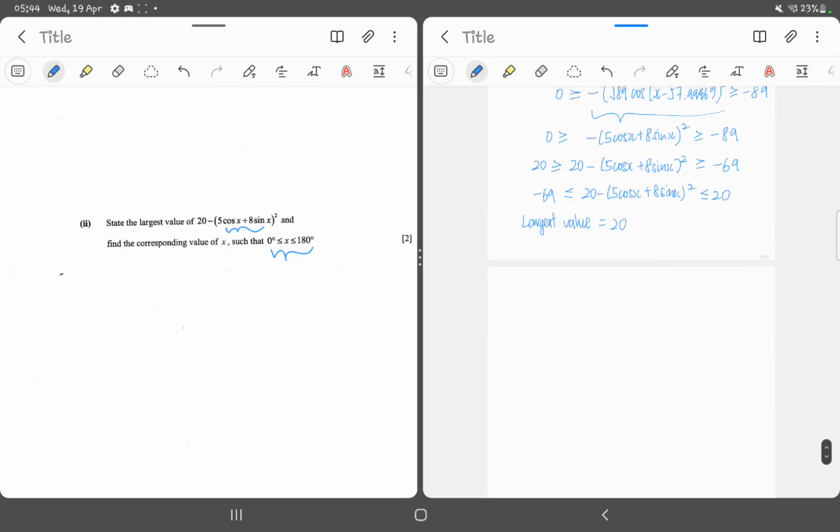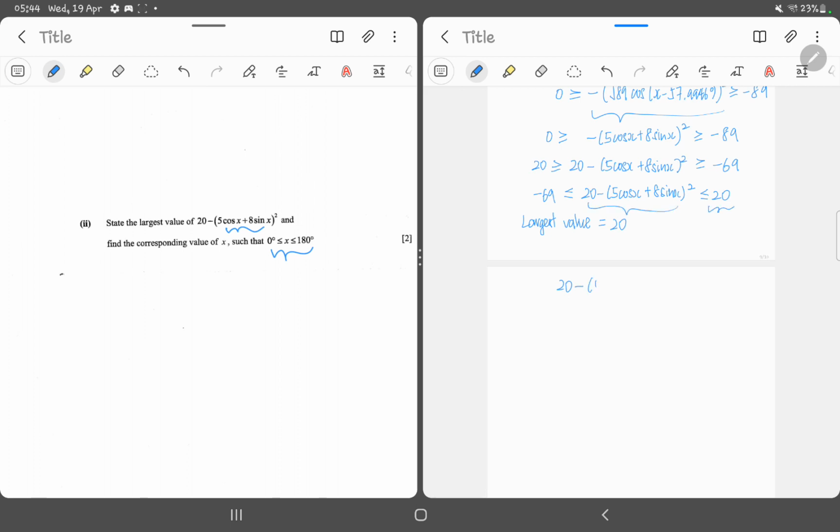And the corresponding x value for the largest value, we simply just equate this over here with this.